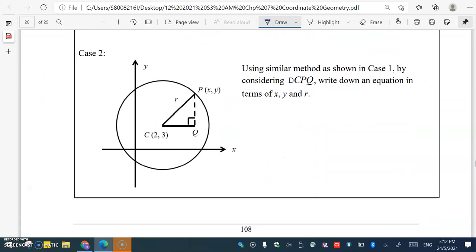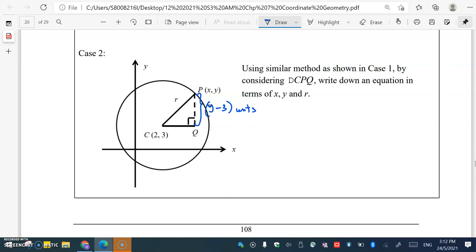Similarly, what if I shift this right-angled triangle away? Now, look at case 2. I know the length of PC in this case is R units. If I ask myself, what's the perpendicular height? What is the length of PQ in this case? It is essentially Y minus 3 units.